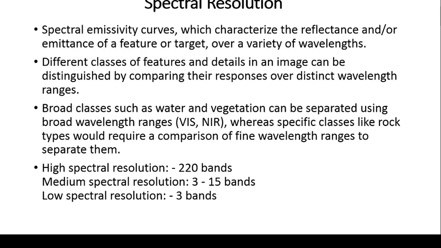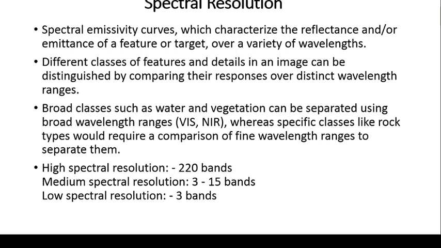Talking about high spectral resolution, about 220 color bands are used to classify any objects. So we can classify very fine objects in these ranges. When we have medium spectral resolution, we can use 3 to 15 color bands or wavelengths. So we have medium separation or medium differentiation in classes or features on the earth.